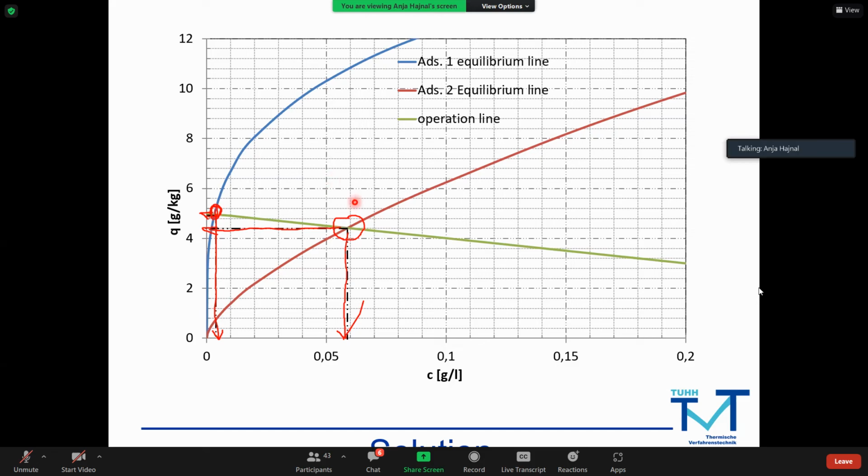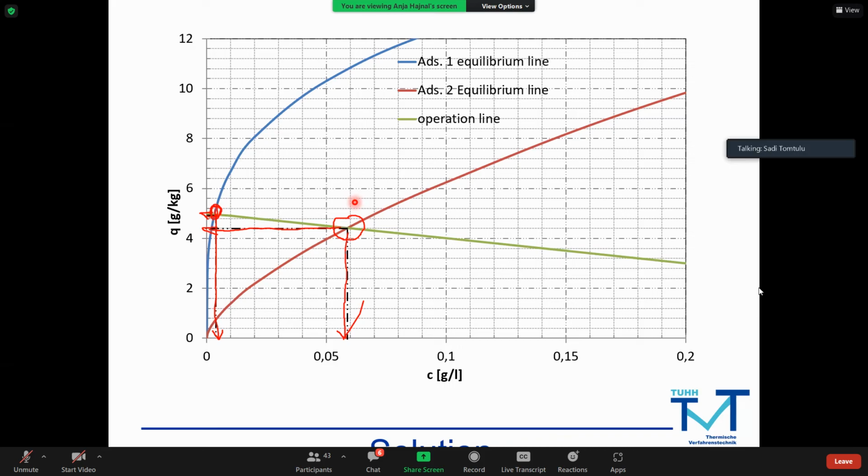So question number 2 in our task is to determine the final concentration and loading for both adsorbents, which I just showed you how to read from this graph. And also one of the questions under 1 is which adsorbent will be better for the above mentioned separation?